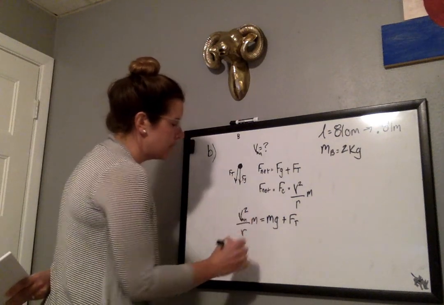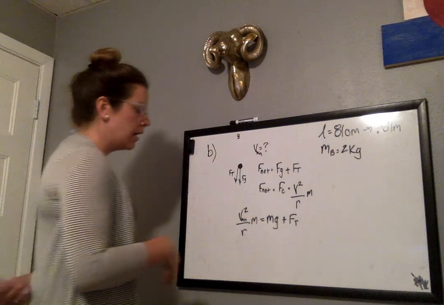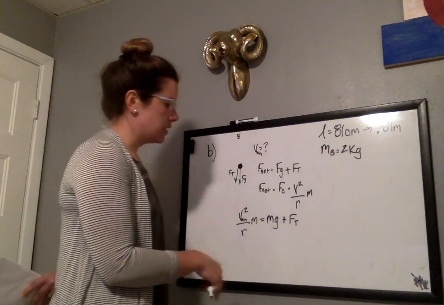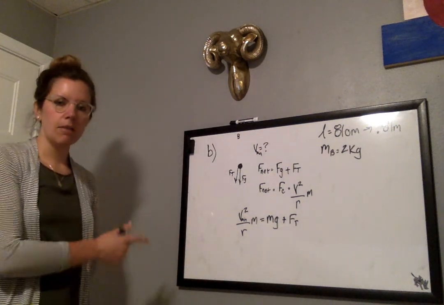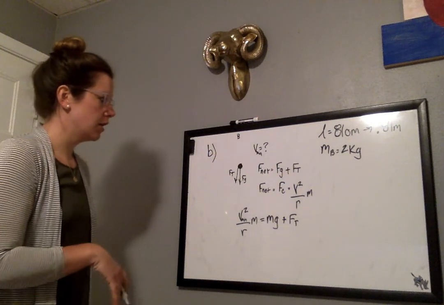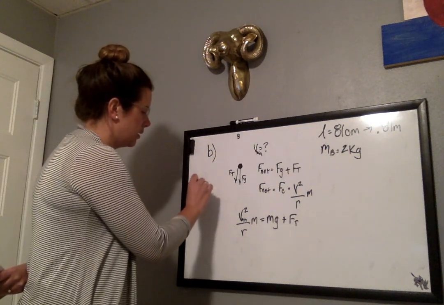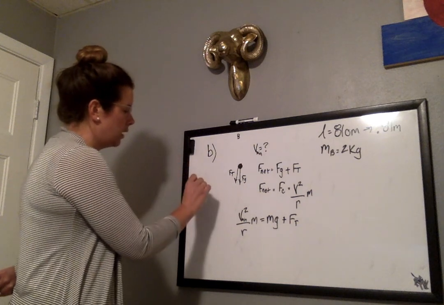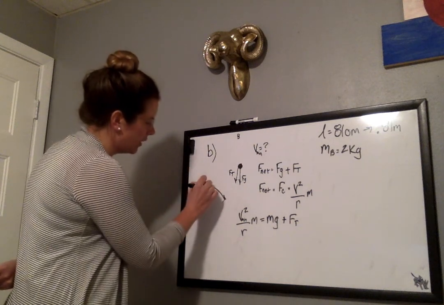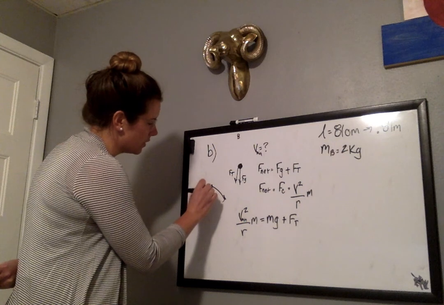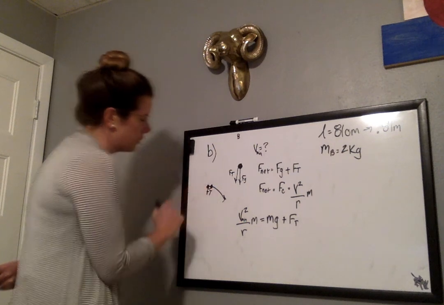So what is the minimum velocity that it can be going that it will still continue around in its circle? In that case, it will be experiencing no tension at all.